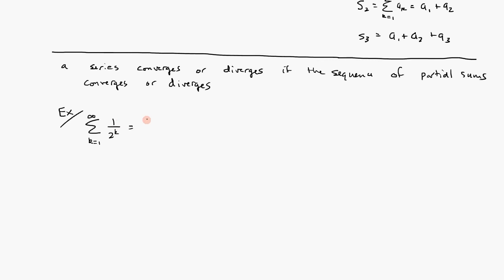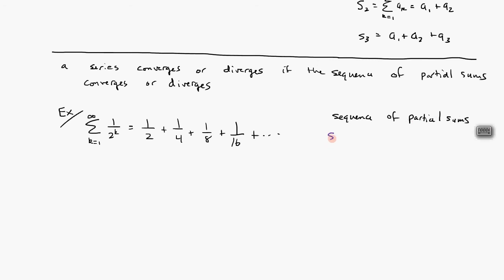So then the first few terms were 1/2 plus 1/4 plus 1/8 plus 1/16, and so on. Okay, so the sequence of partial sums, so let's calculate this sequence.